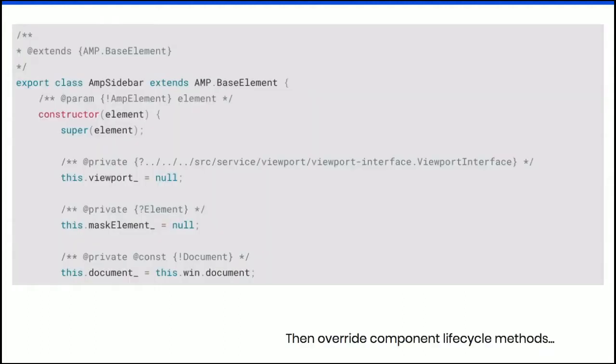First of all, using sidebar as an example, we can see that it declares a class called amp-sidebar, and it extends the amp base element, which is almost always the case for different extensions. Next, it has a constructor that takes in an element and calls super element, which is the base element's constructor. Inside the constructor, we also have a bunch of instance variables related to this class.